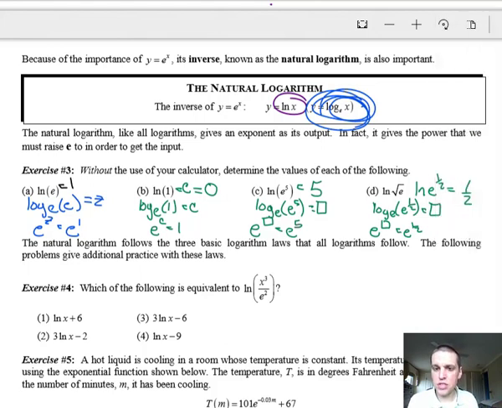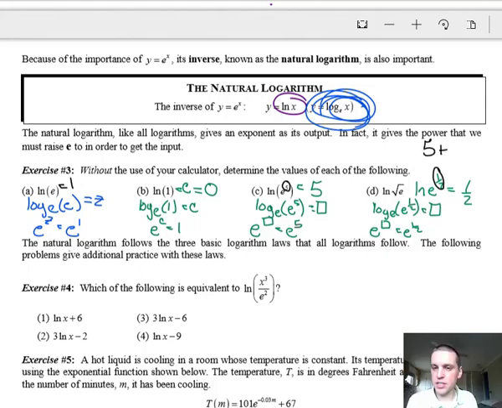And hopefully what you saw through all of this is that when you have ln of e raised to something, the ln and the e are inverse functions of each other, and so therefore you're left with just the exponent. And when I say inverses of each other, remember what inverses are.